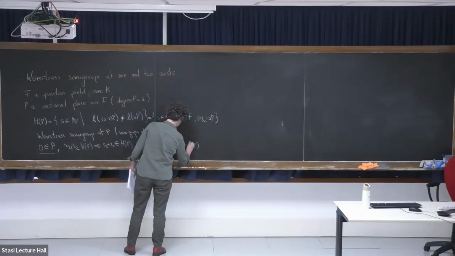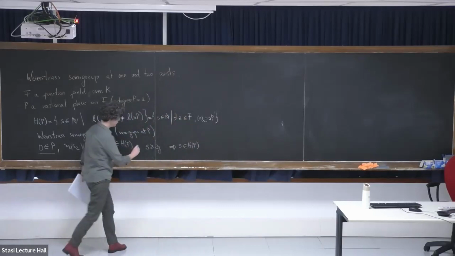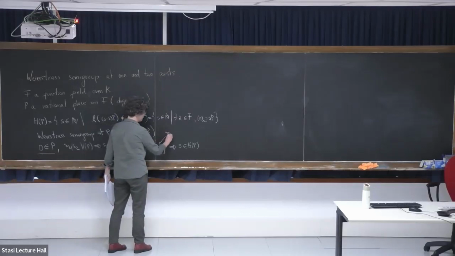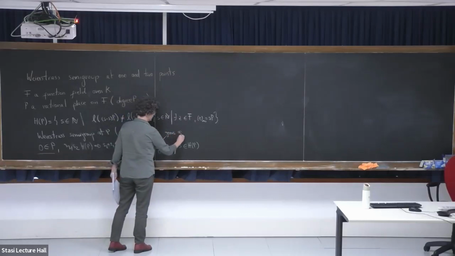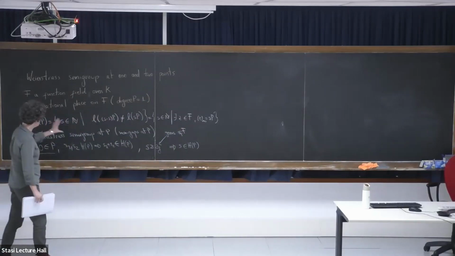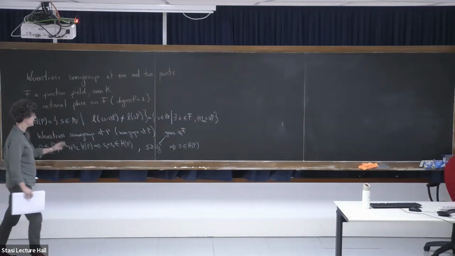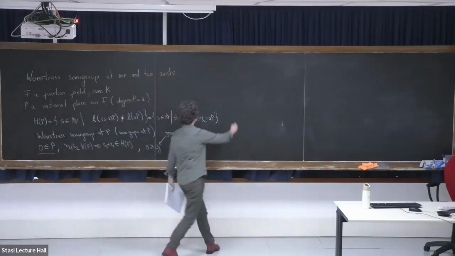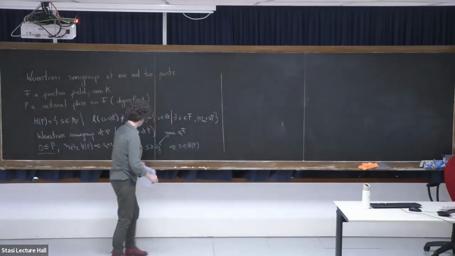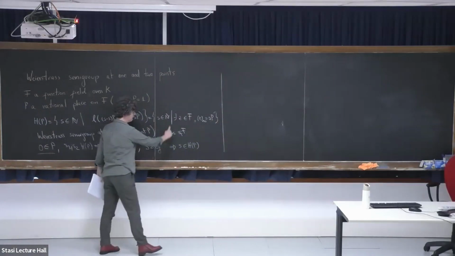Okay? And who is G? G, as yesterday, is the genus of your function field. So for S larger than 2G, everybody is here.